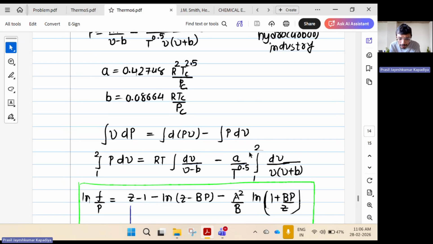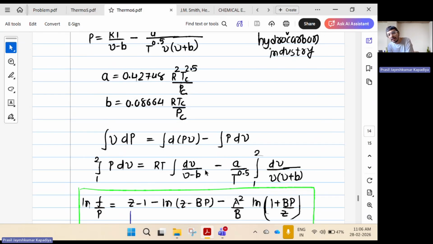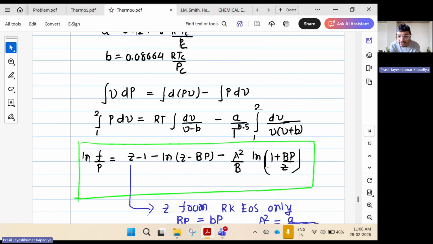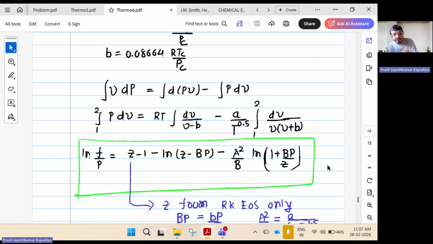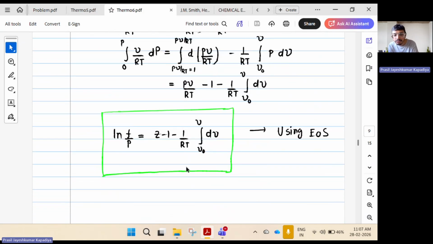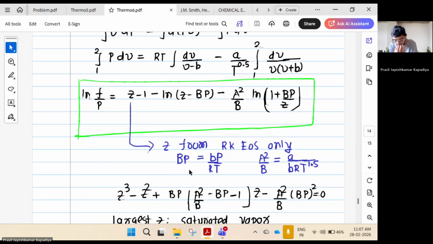Then I need to replace PdV in that fugacity equation. So PdV is RT integration dV by V minus B, minus A divided by T raised to 0.5 integration dV by V into V plus B. So this is what we get when we estimate this, and then we need to do the equation Z minus 1 minus 1 upon RT integration VdP.